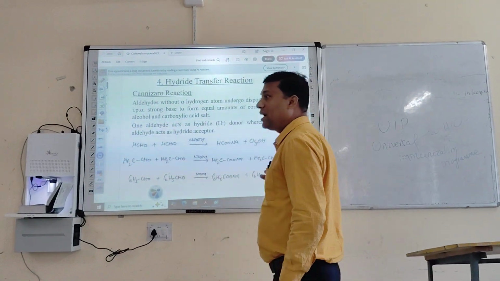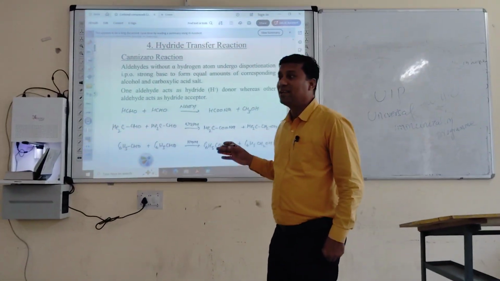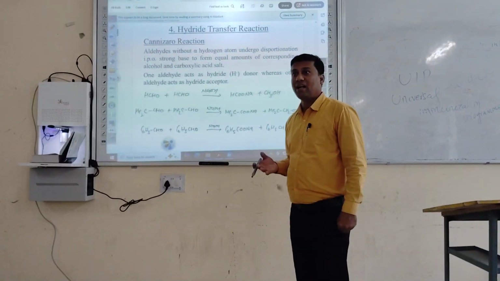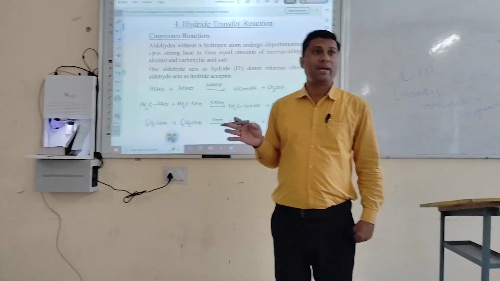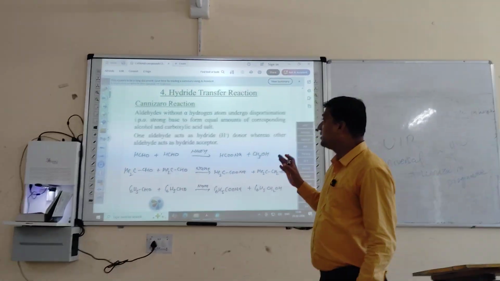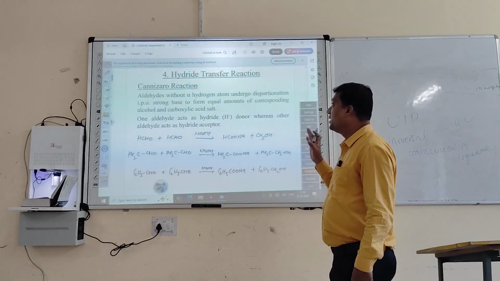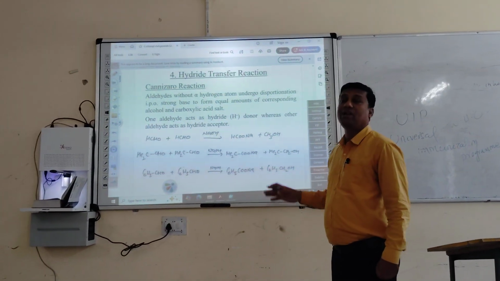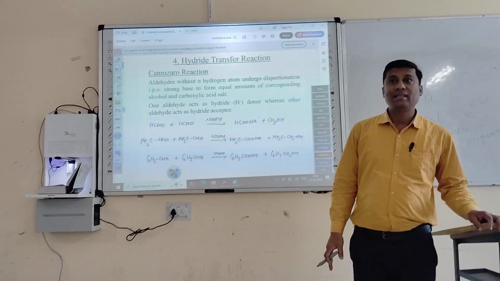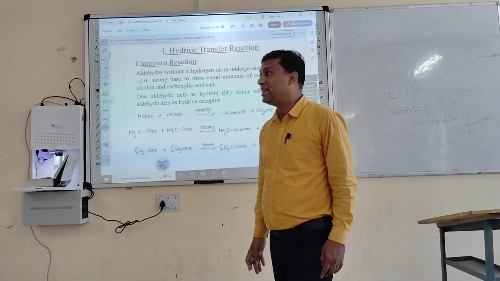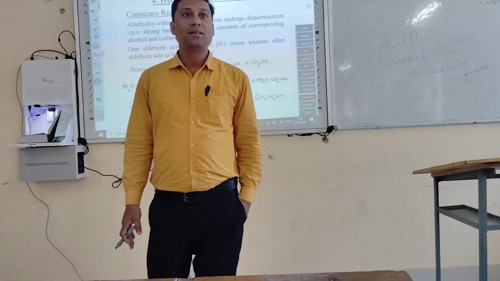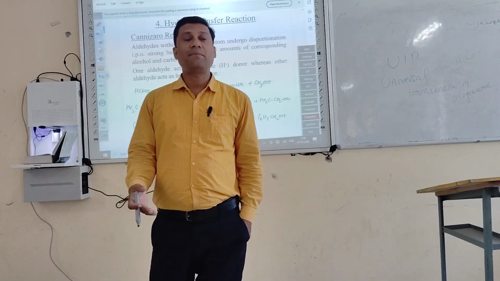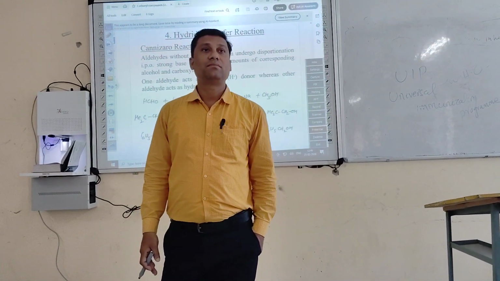In the previous class, we studied aldehydes having alpha hydrogen atom, but in today's class we will study the Cannizzaro reaction. What are examples of aldehydes without alpha hydrogen atom? Formaldehyde and benzaldehyde have no alpha hydrogen atom.